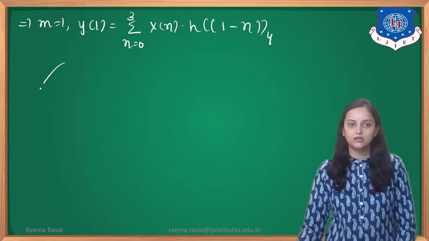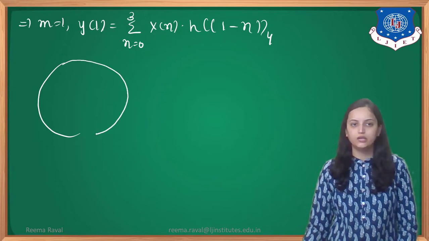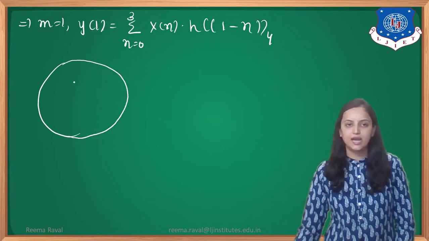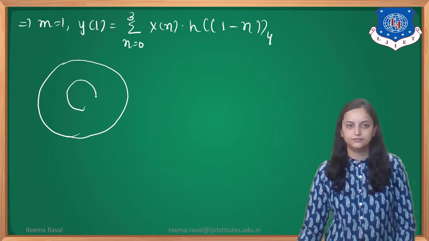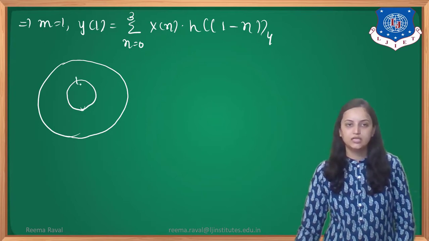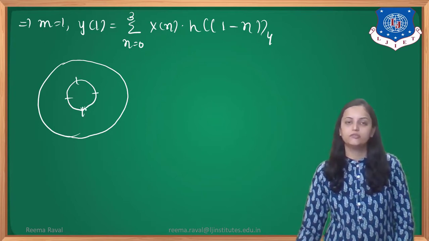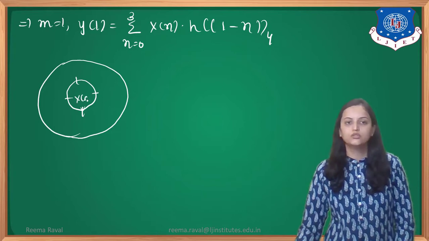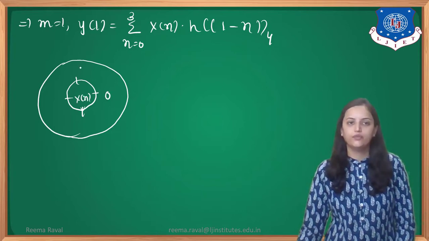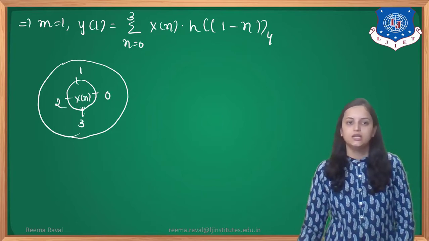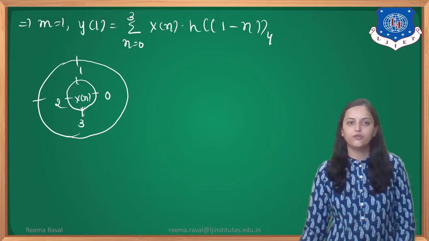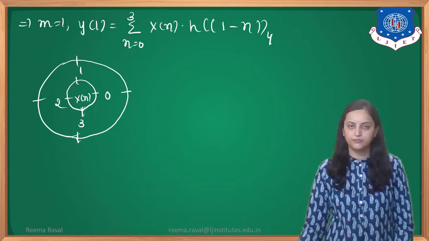So similarly we will plot the circle for h of 1 minus n and inside we will place x of n. Right? So this indicates the x of n circle which will be placed as anti-clockwise, whose values are 0, 1, 2 and 3. Same way 4 points will be placed for the h of 1 minus n.